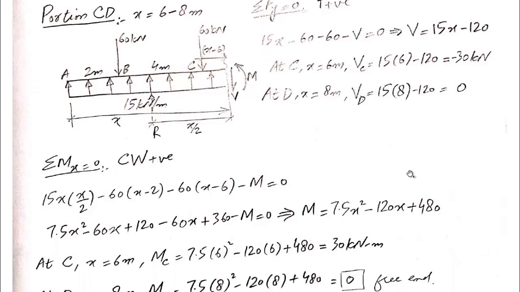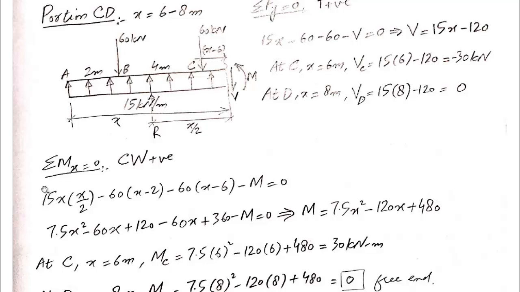Now next part is to write down the equation of bending moment for this portion CD. We'll apply sigma Mx equal to 0 and we'll take clockwise moment as positive. First is this UDL, 15 kilonewton per meter acting over a span of x.